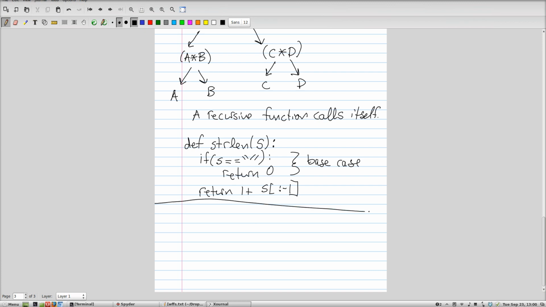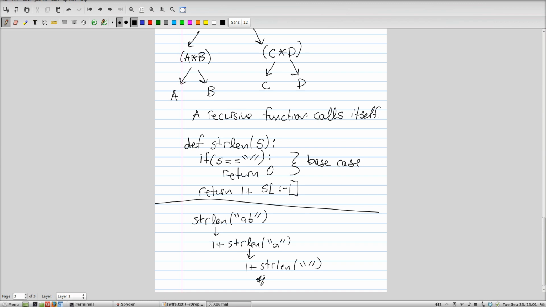So just to give an example of how this is working, if I call strlen on AB, then what does it do? It's going to return 1 plus strlen A, and this is going to return 1 plus strlen of the empty string, and this is just a number which is 1 plus 0.